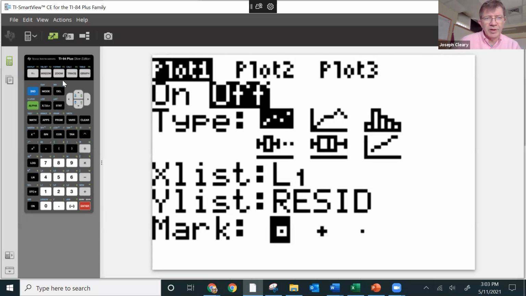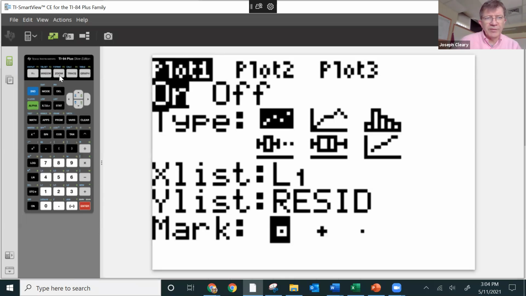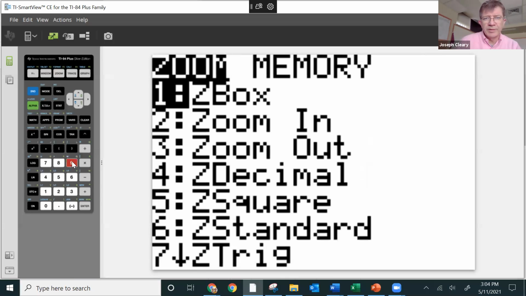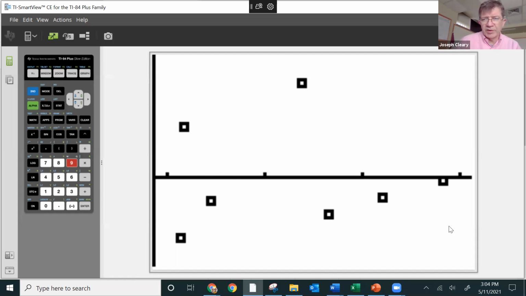I have to turn this graph on, now Zoom 9. You're looking for some level of equal scatter, and this is relatively equal scatter. High here, low there, pretty equal, and I think I'm good on that.